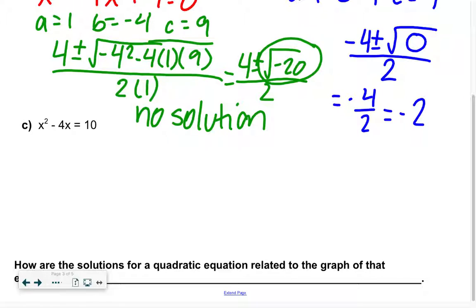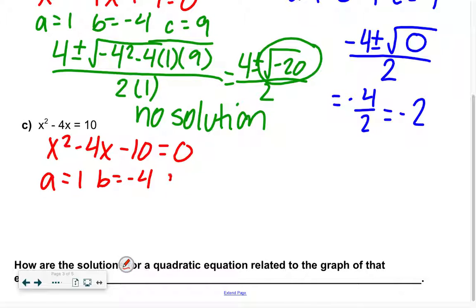Let's solve this one to figure out what's going to happen next. My a is 1, b is negative 4, c is negative 10. You figure out the square root part, the discriminant.